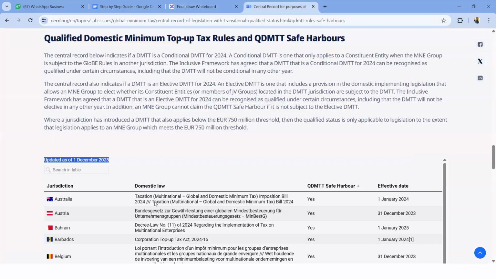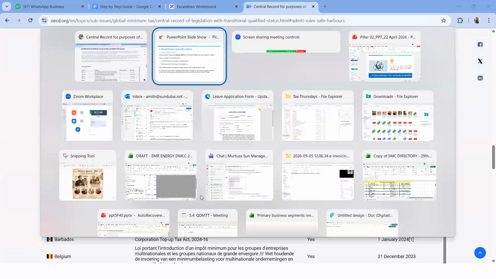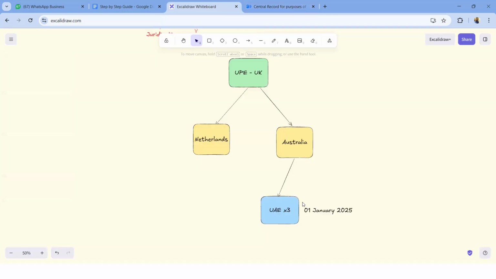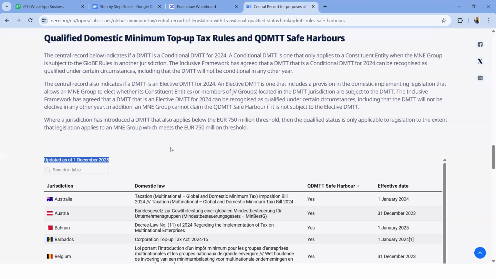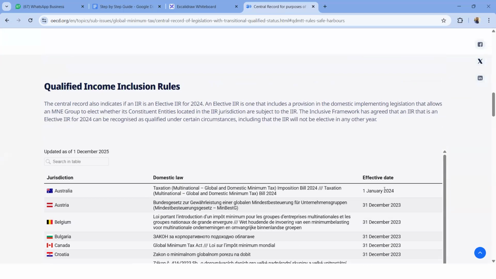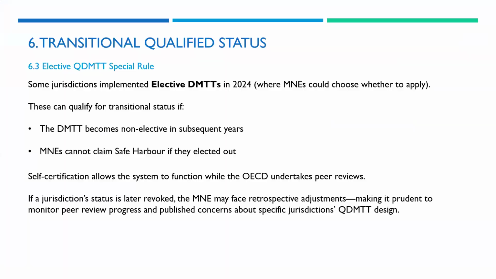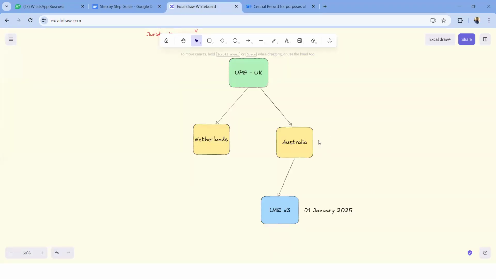But if you look at the central record and see Australia, which is my parent entity for IIR purposes, it would have an effective date of 1st January 2024 with respect to QDMTT, and my IIR is also starting from 1st January 2024, right? So my IIR is starting from 1st January 2024.